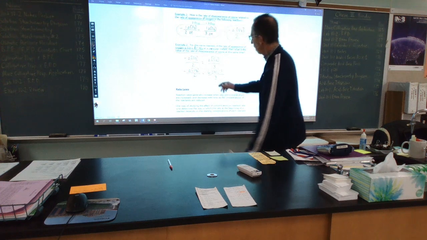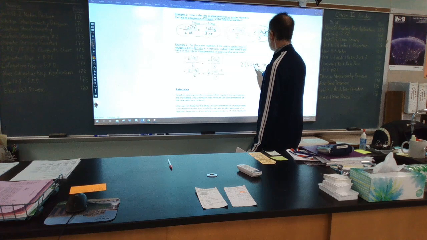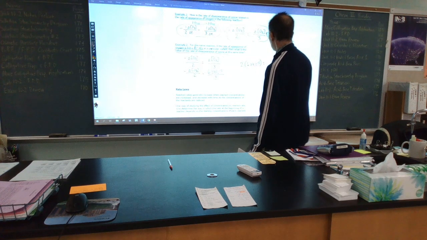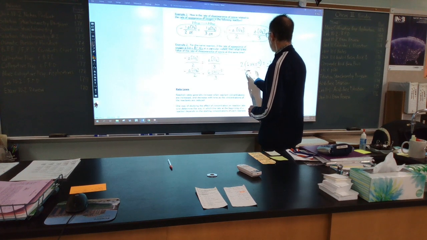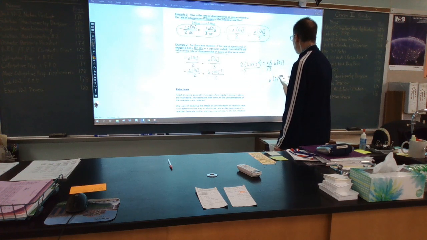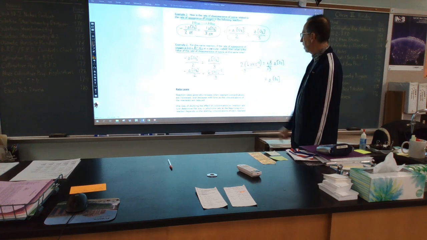So let's just do that. So we have 2 times 6.0 times 10 to the minus 5th equals, now this is negative 3, so this is negative 3 times the change in our ozone concentration. All right? So we will divide both sides by negative 3. That, of course, cancels. And the change in ozone concentration then would be 2 times 6.0 times 10 to the minus 5th divided by 3.